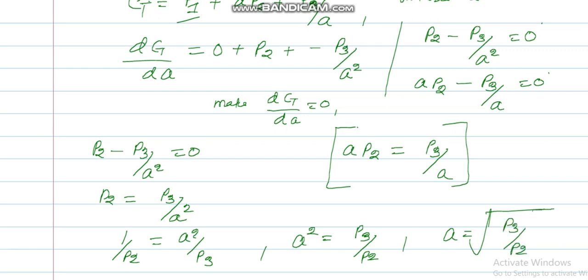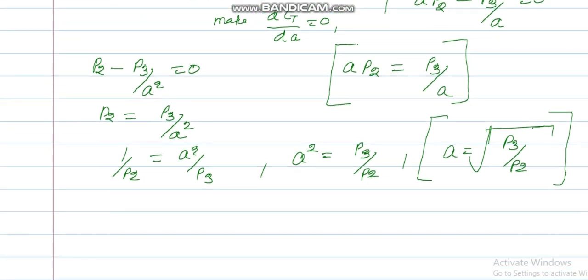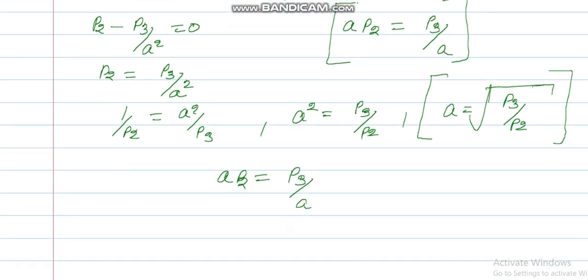Okay, nione formula nyingine. Sawa. Lakini tuje zaidi kuhusu hii formula ambayo tumepata hapa. Na tumepata A P2 sawa na P3 over A. Sawa. A P2 tuliona kule ni nini? Ni variable part.